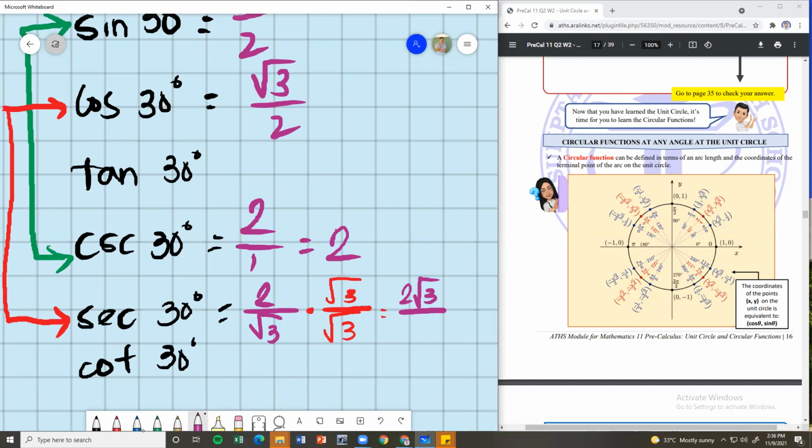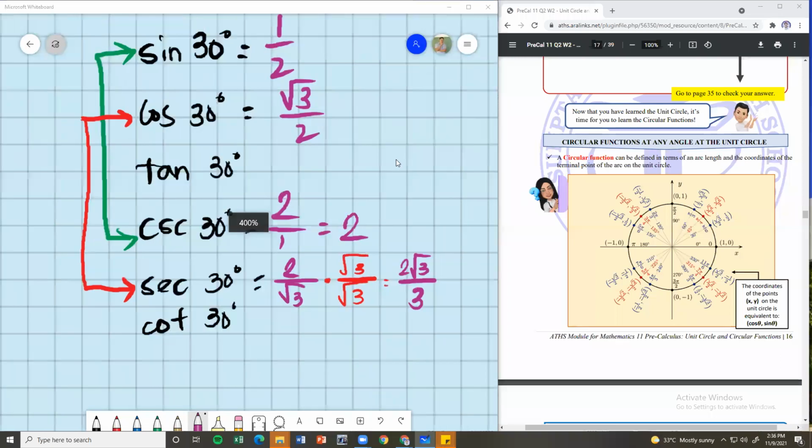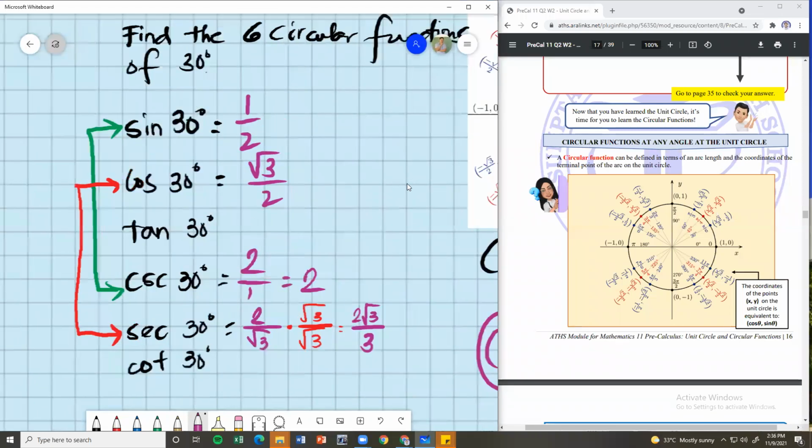And the square root of 9 is just 3. So that is the secant 30. Okay, show a reaction if you understood that process. Don't forget to rationalize, ha? Especially if you have radical in the denominator.